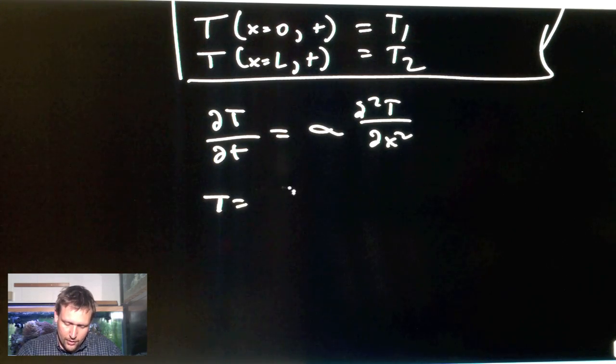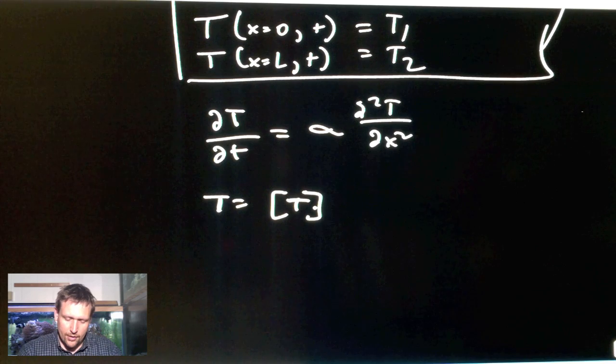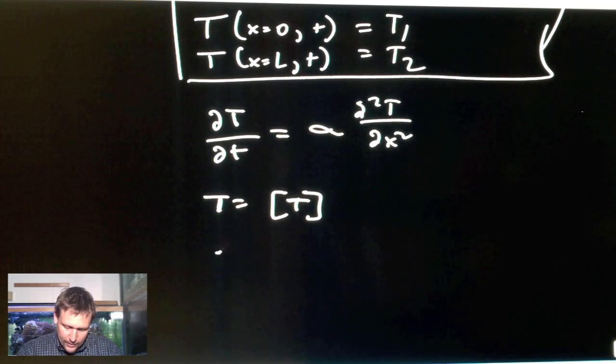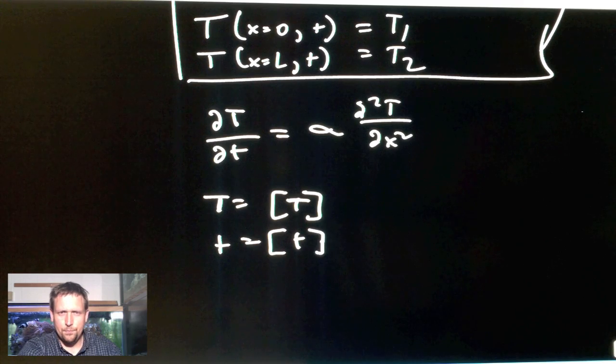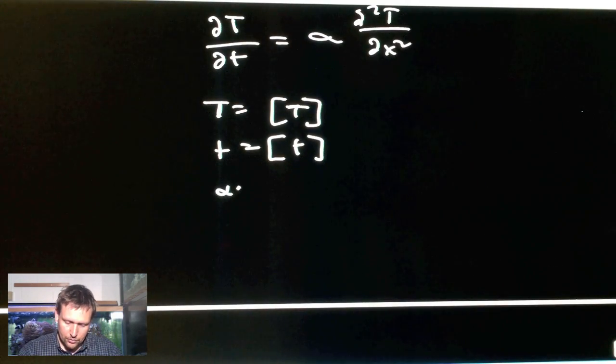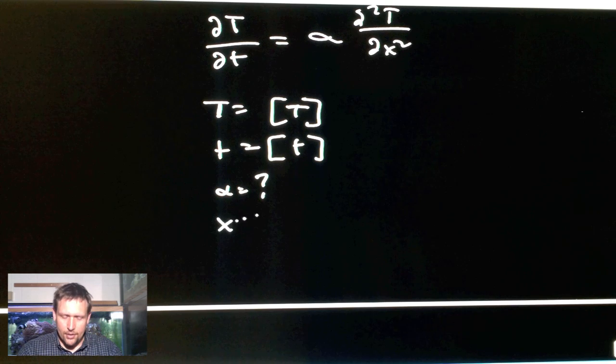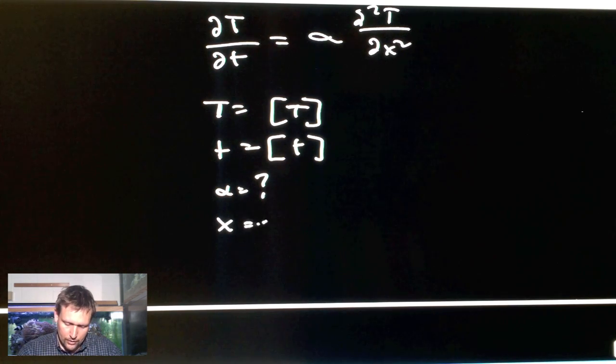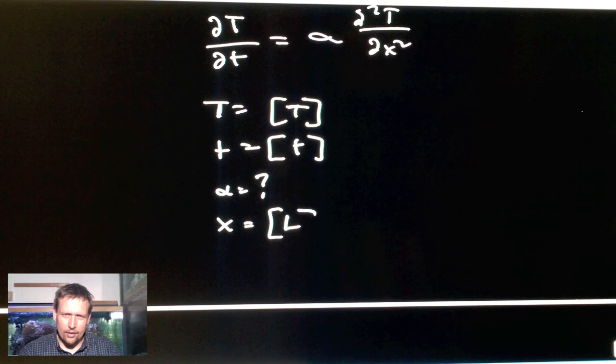So temperature is one of the 4 fundamental dimensions we use in engineering. Temperature. t is also a fundamental dimension, and it has units of time. Alpha equals question mark. x is spatial position, and its fundamental dimension is length.